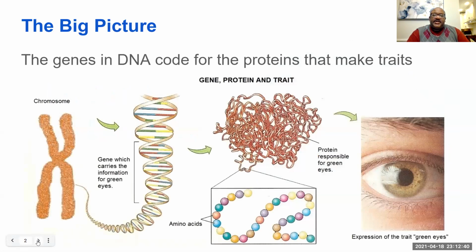Genes in the DNA code, and just to make sure we're on the same page, the DNA is what's in the chromosomes. So when you talk about chromosomes, that is the DNA. And the DNA codes for proteins that make your traits. Like I said, the protein sequence is why you look the way you do and how tall you are and everything.